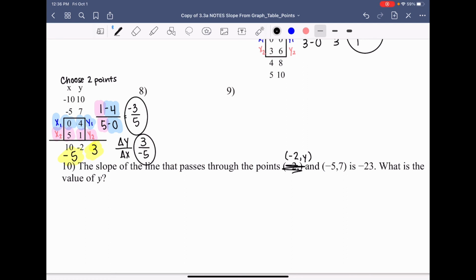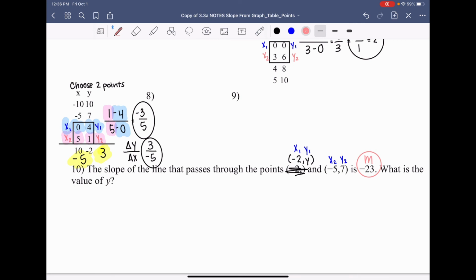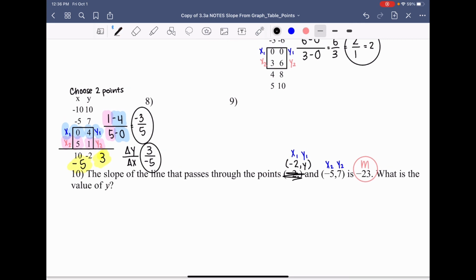So what you do is just plug everything you do know into the formula. So I know that this is my x1, y1, x2, y2. And then this is my slope. This is m. Okay? So we just plug in what we know. Well, we know slope, so slope gets put on the equation by itself. So negative 23 equals, and then we just plug in what we know.